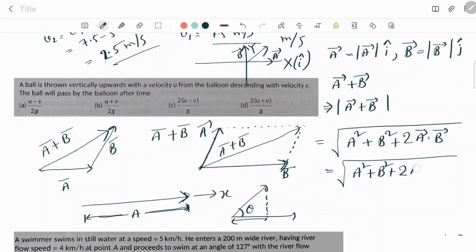So this means 2 into mod A mod B multiplied by cos theta, if theta is the angle between the two vectors.